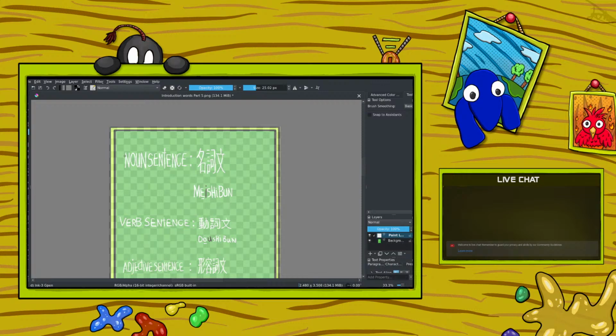So now we have a nuance sentence. Jesus, I'm writing Gothic right now. Jeez, sentence. It's way too big. A nuance sentence, which is of course a sentence but different.